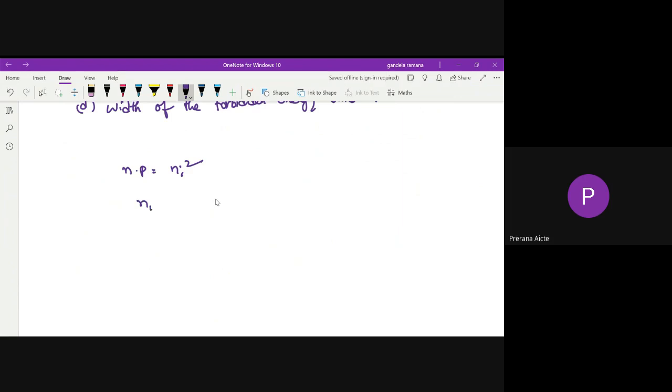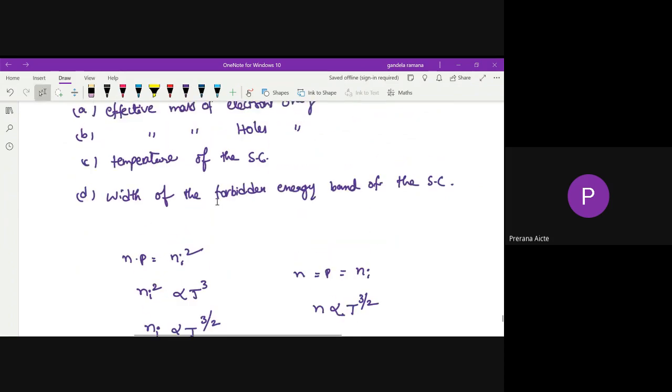The square of the intrinsic concentration is proportional to T^3, so Ni is proportional to T^(3/2). For an intrinsic semiconductor, N is equal to P is equal to the intrinsic concentration, so this will be proportional to T^(3/2). So it depends on the temperature of the semiconductor. C is the answer.